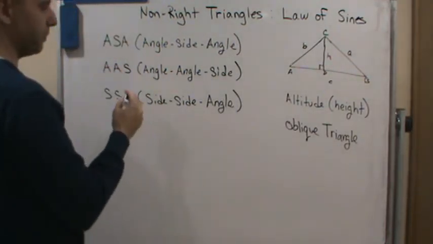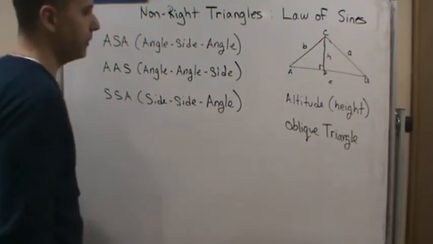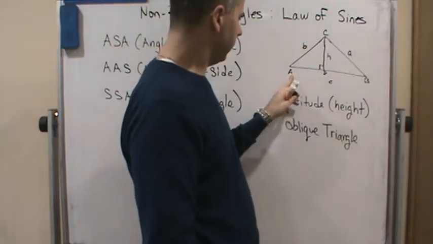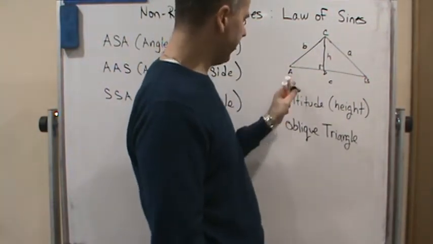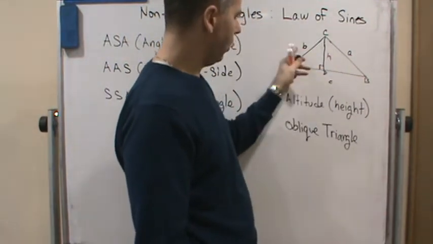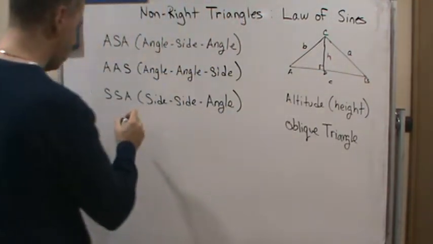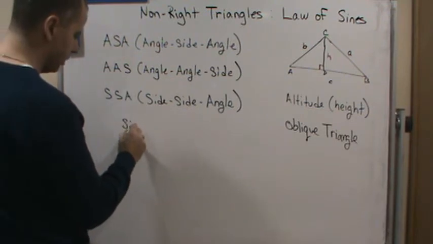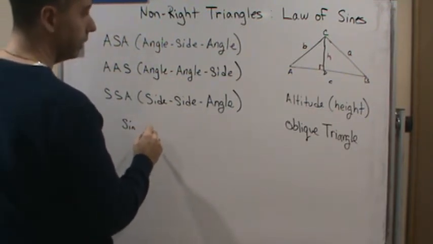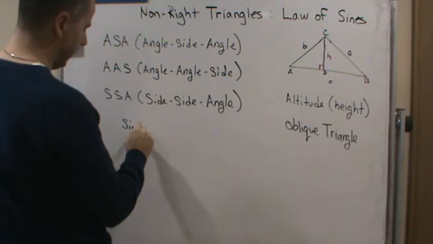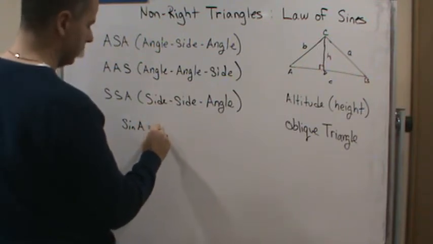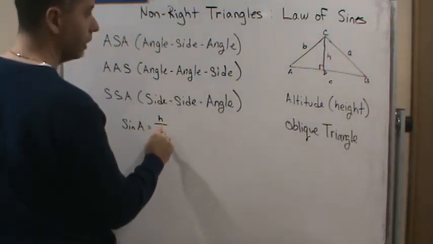What kind of relationship do we know with angle A? If we use the sine of angle A, sine is opposite over hypotenuse. So we know that sine A equals h over b.